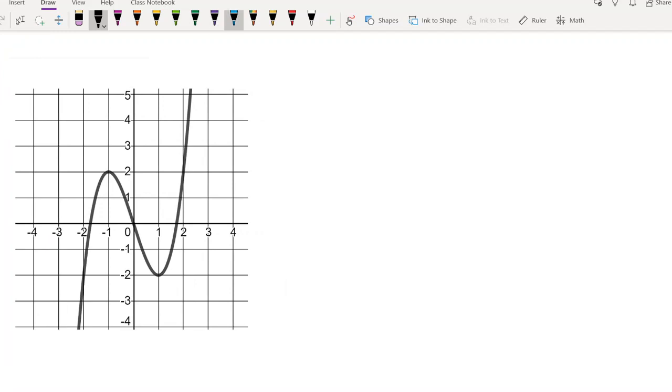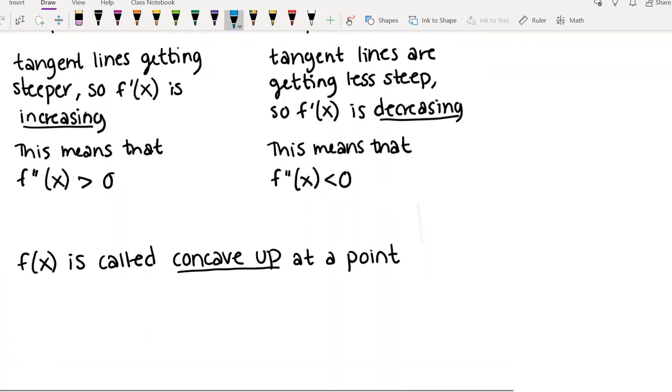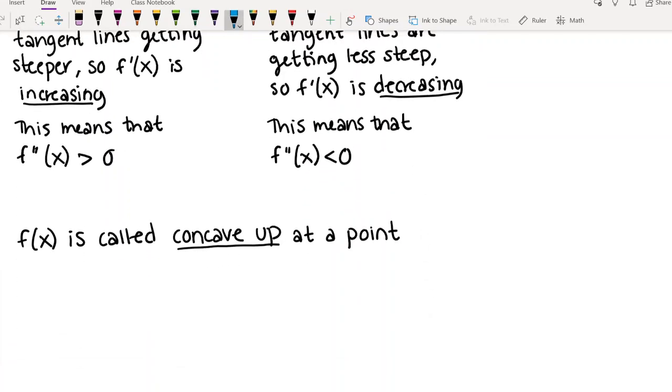So in this case, part of the graph is concave down and part of it's concave up. So our definition is going to use that fact by saying it's called concave up at a point, because the graph isn't necessarily always going to be concave up or concave down. It's really about looking point by point at what's happening.